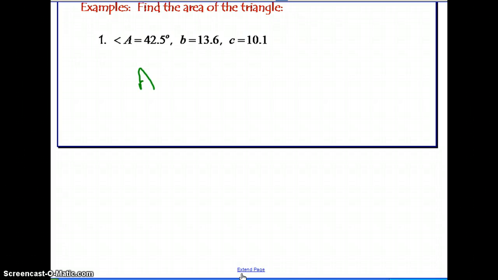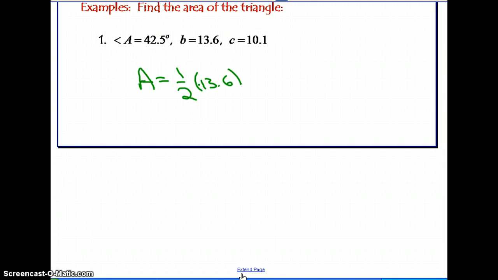Area equals, oops, lost my connection here. Let's see if that comes back. Area equals, it's going to be 1/2. Try it again. It'll be 1/2 times 13.6 times 10.1. I think we got her now. 1/2 times 13.6.